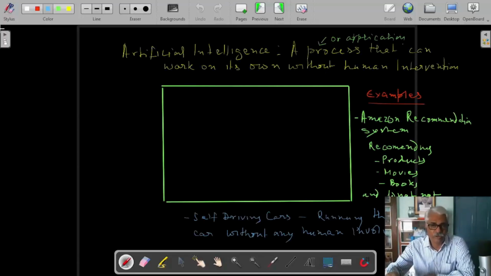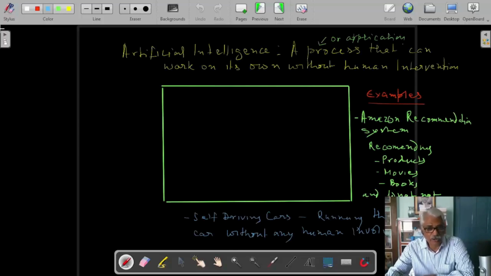One of the examples we often come across is the Amazon recommendation system, where we go onto the site and try to purchase or search for some item that I intend to buy.